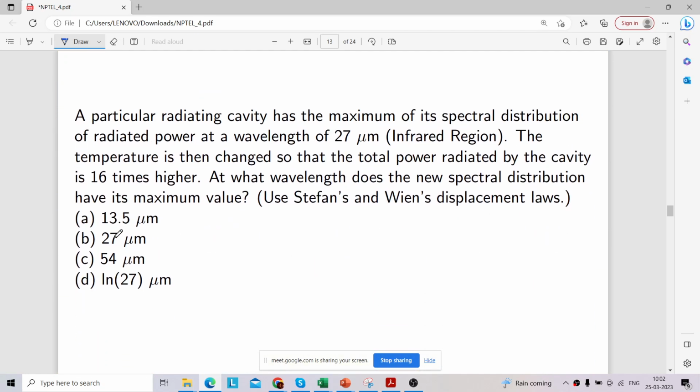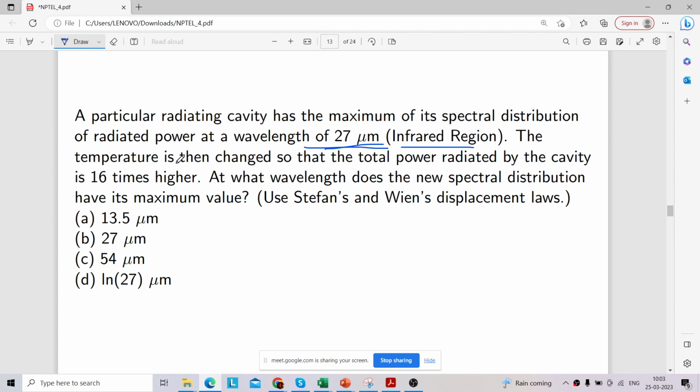Okay. Then coming to the next question. A particular radiation cavity, a black body cavity, has the maximum of its spectral distribution of radiation power at a wavelength of 27 micrometer, which is in the infrared region.